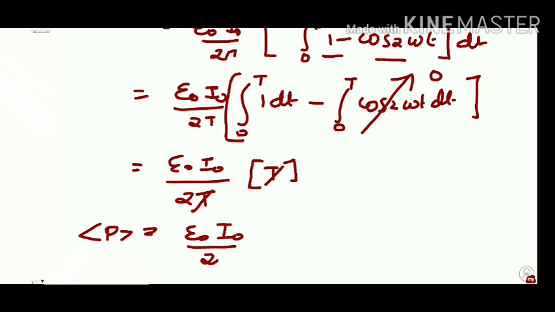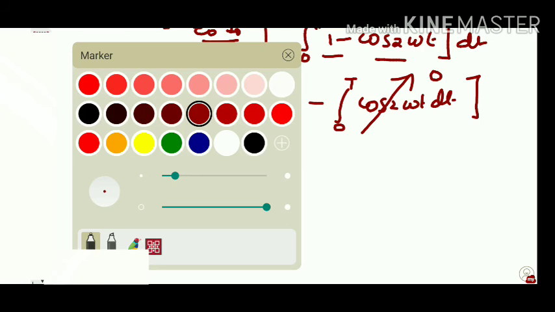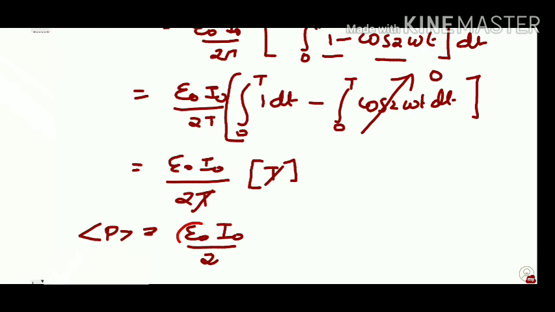Now after finding the value of average power, you can see I can write this equation in a different way. Suppose I write epsilon in terms of current.